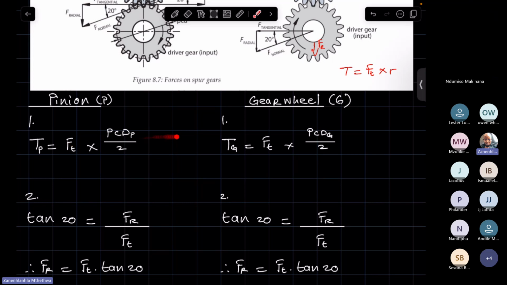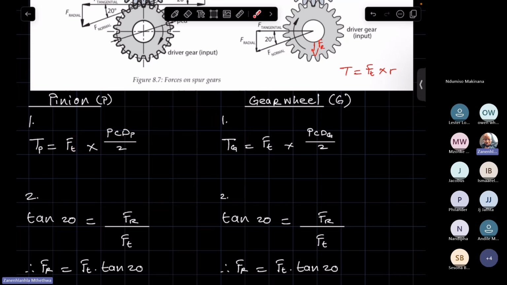Remember, you do not necessarily have to use both formulas. You can get the tangential force from one of the formulas, depending on what you've been given. So say you are given the torque being transmitted by the pinion and you also have the PCD of the pinion, then you can just use this to get the tangential force.